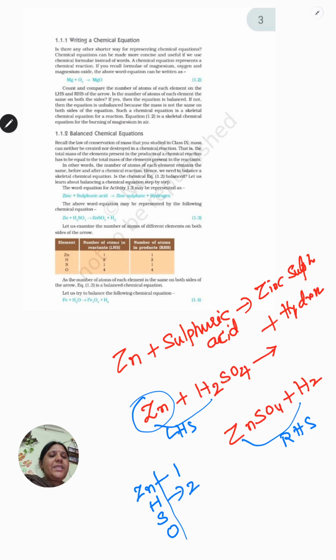How many sulfurs? Only 1. How many oxygens? 4. Now the number of atoms in the products, the RHS. In the product also, zinc is 1, hydrogens are 2, sulfur is 1, and oxygens are 4. If you observe, they match over here, so it is known as a balanced chemical equation.